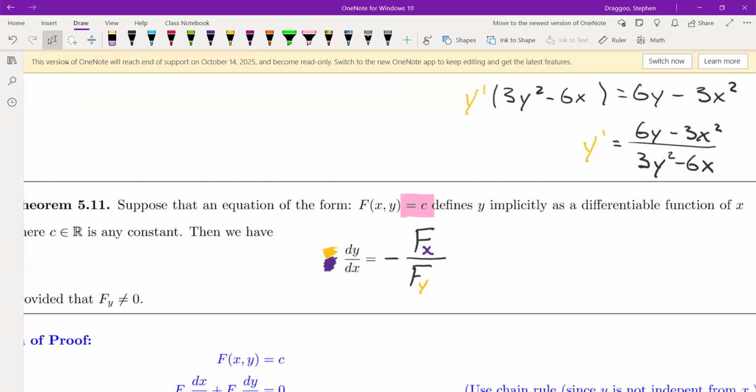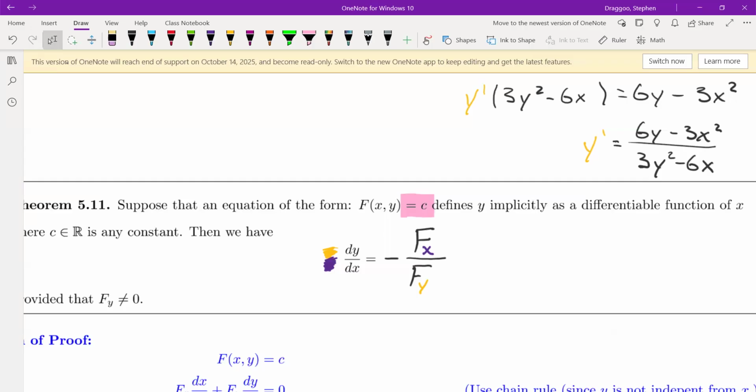So take any function you can think of, it'll be of the form y equals something, like maybe y equals ax squared plus bx plus c, or even more simply, y equals mx plus b. And if I want to put it in this form, where I've got a function of x and y equal to a constant, just subtract the y over to the other side. And then you've got that.